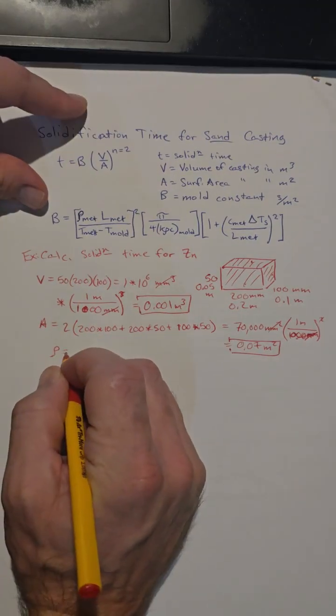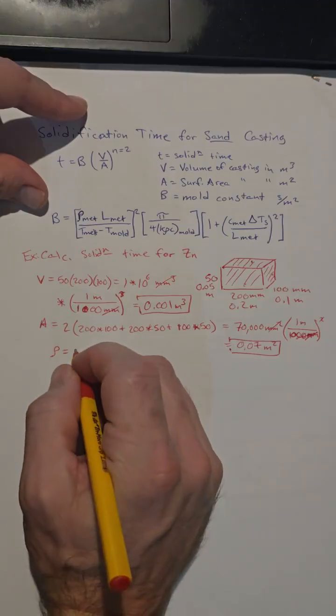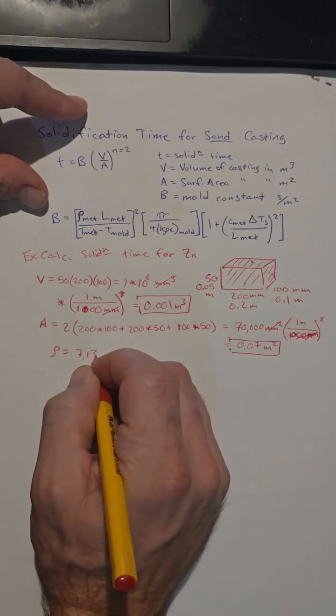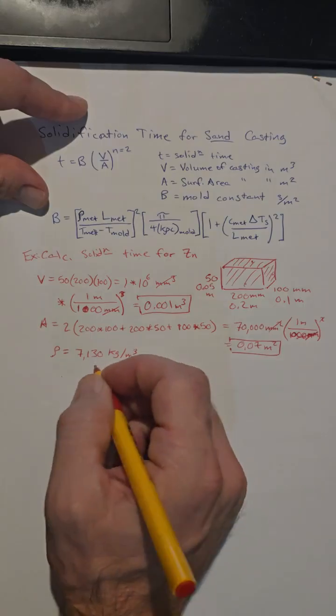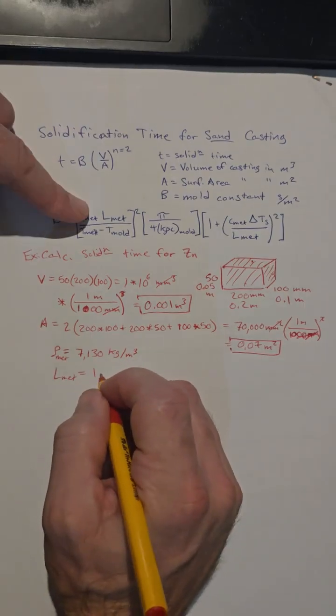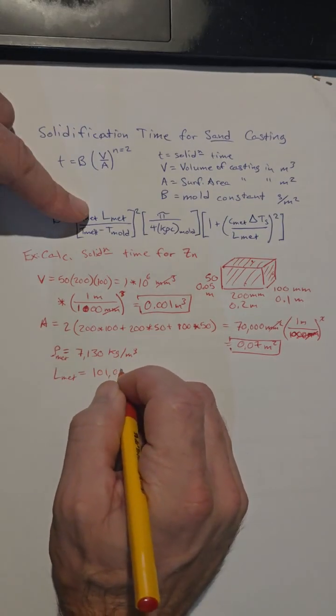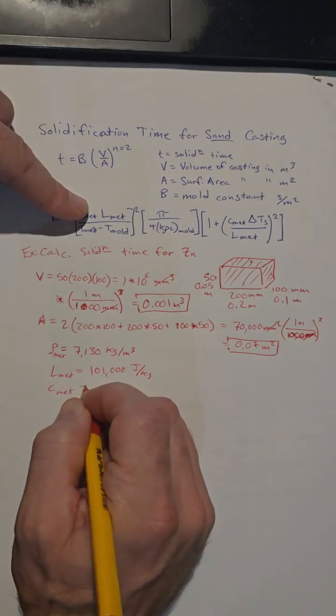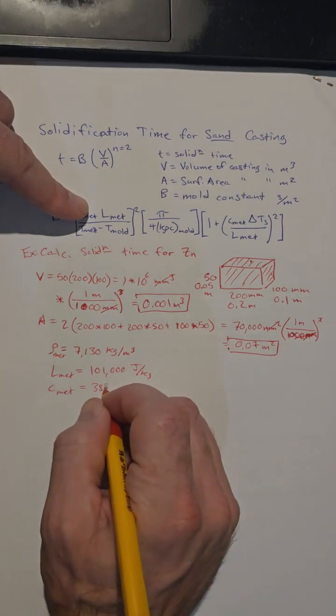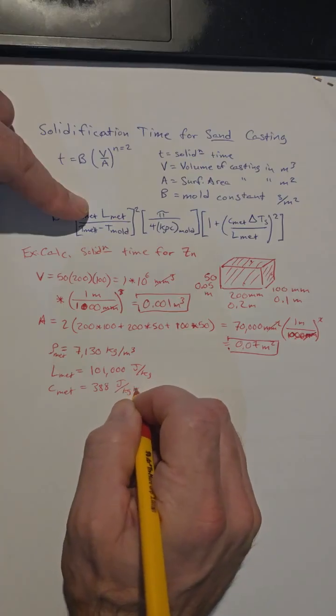So let's start putting in some values. The density of the zinc is 7,130 kilograms per meter cubed. The latent heat of fusion for the zinc is 101,000 joules per kilogram. The specific heat capacity of the metal is 388 joules per kilogram Kelvin.